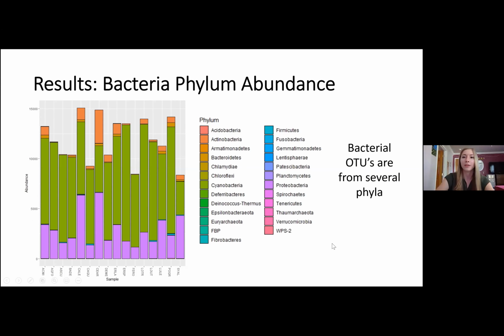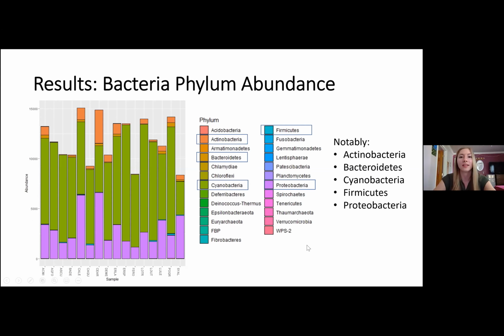So if you look across, you can see that 5 different bacteria were dominating my plant samples. First is Actinobacteria, which is represented in this first part of the bar graph. Next is Bacteroidetes, which is represented in a smaller proportion across most species, the second bar in the graph. The third is Cyanobacteria, which for the most part largely dominates most of my plant samples.